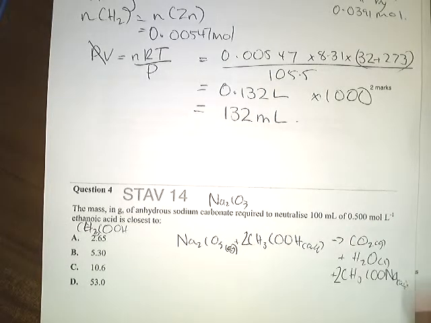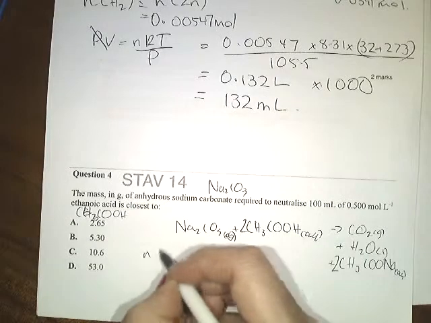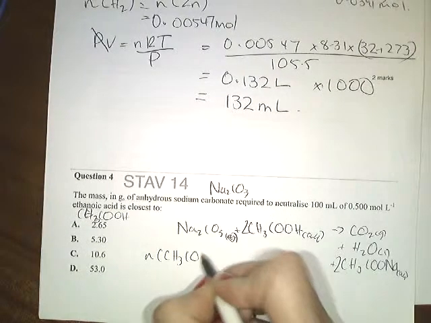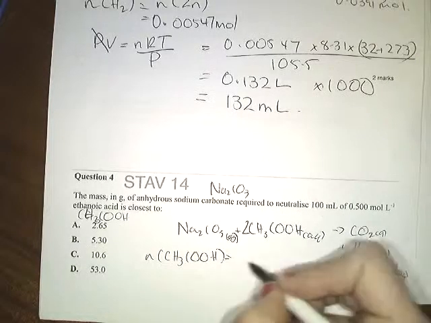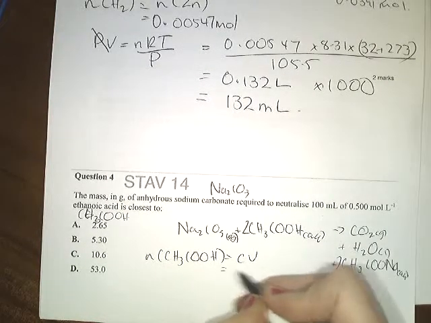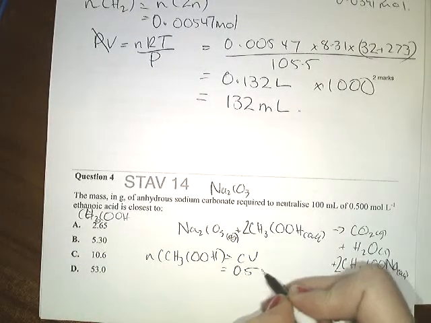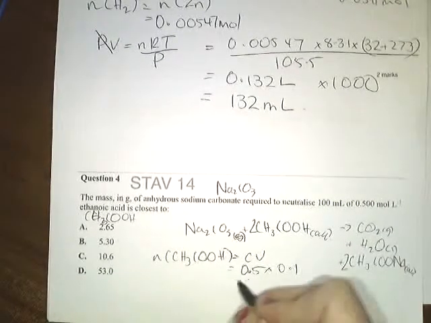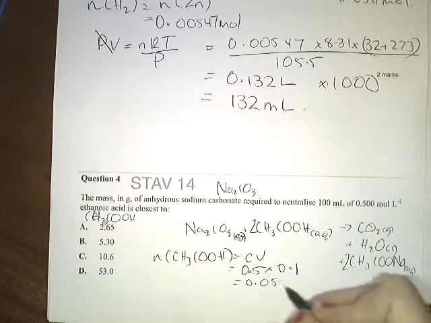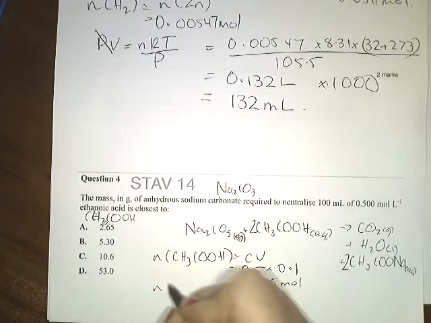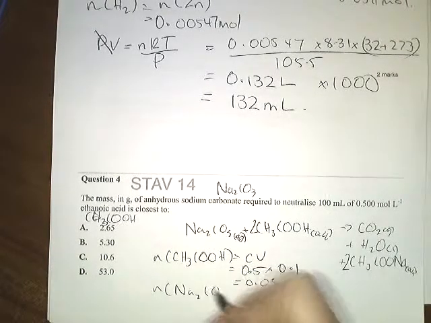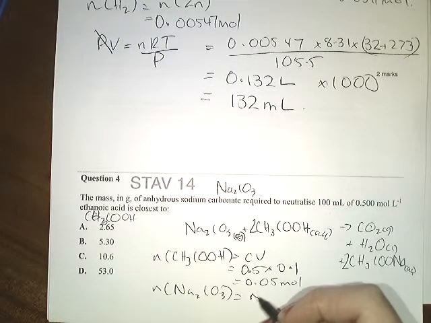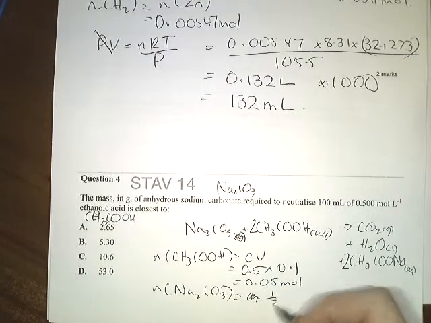So what we need to do is first of all work out the moles of our known, which equals CV, 0.5 times 0.1, 0.05. The moles of sodium carbonate equals a half of that.